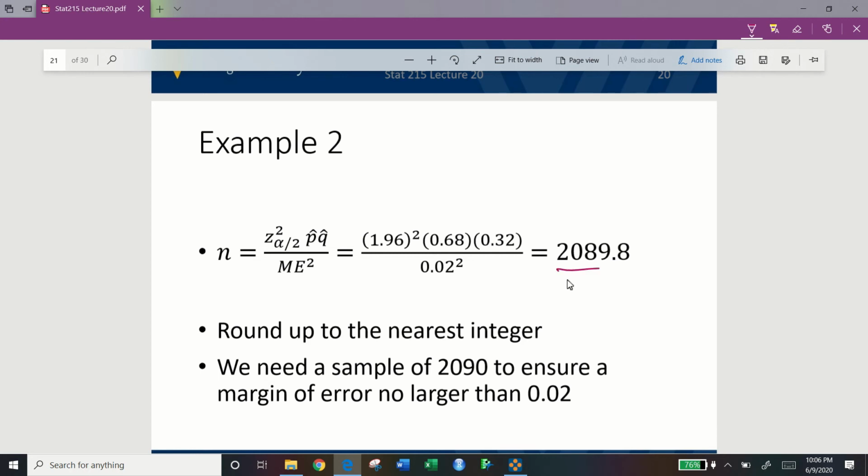This would give us 2089.8. Because sample size cannot be a fraction, we need to round up to the nearest integer. Therefore, we would need a sample of 2090 to ensure our margin of error is no larger than 0.02. Very good.